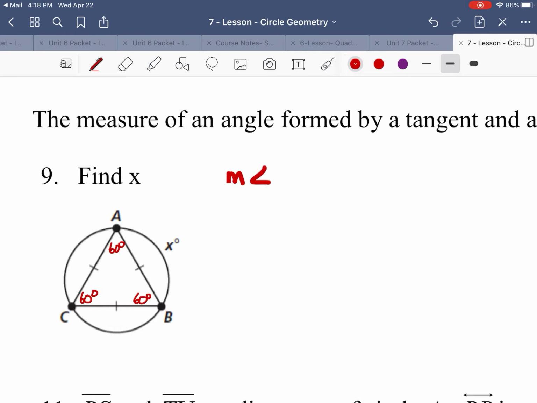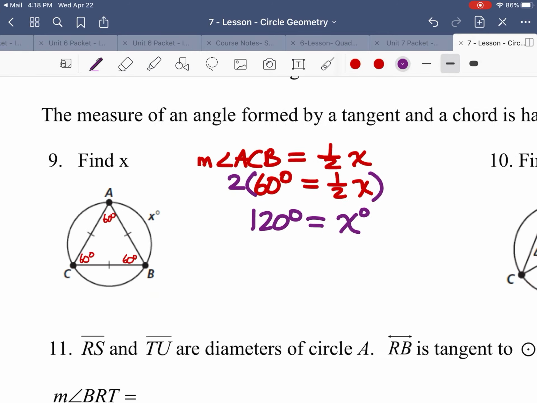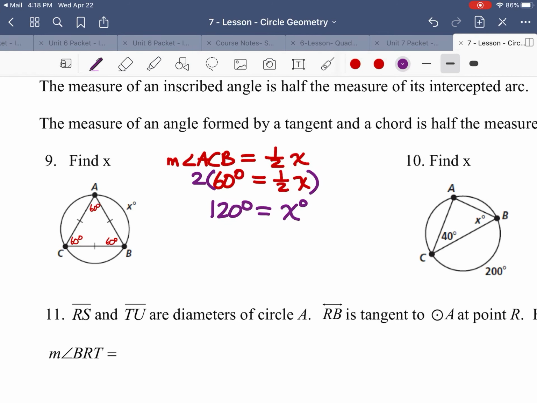So if the measure of angle ACB is equal to 1/2 x, then we know that 60 degrees is equal to 1/2 x. Half of what is equal to 60? Half of 120. But you could also, if you want to do it like an equation, multiply both sides by 2. 120 degrees is equal to x.